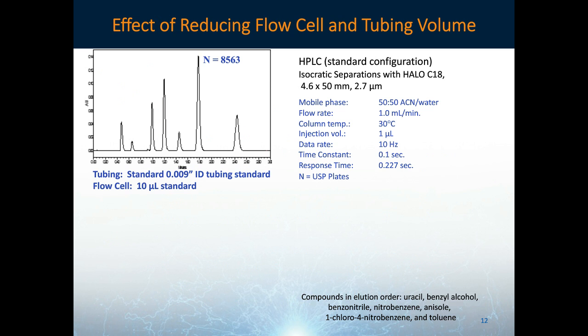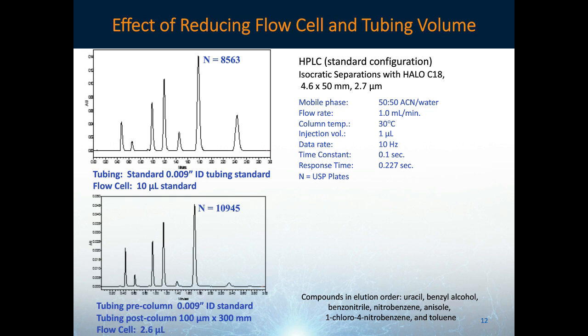So here's an example of the effect of reducing the flow cell and the tubing volume. For this peak, which is 1-chloro-4-nitrobenzene, we observed 8,563 plates, and this is with a 10 microliter flow cell and the standard ID tubing.